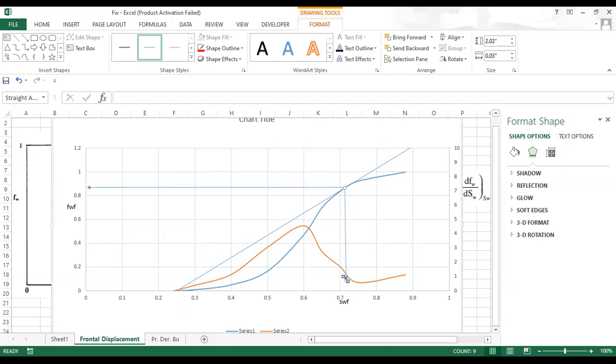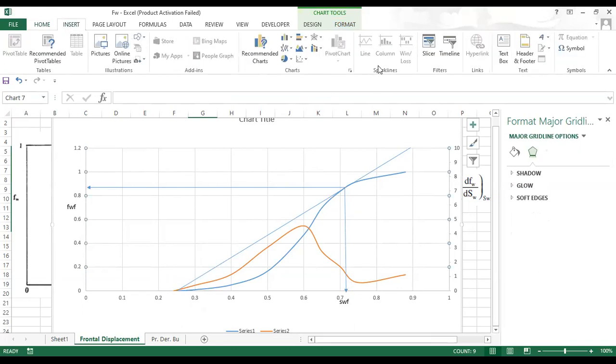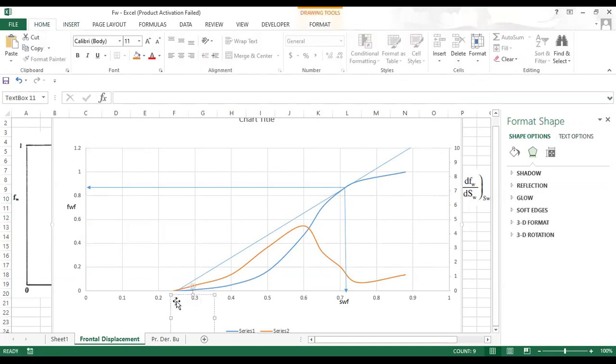This is SWF, and this is FWF. So this is my SWC, where the points are intersecting, SWF and FWF over here.